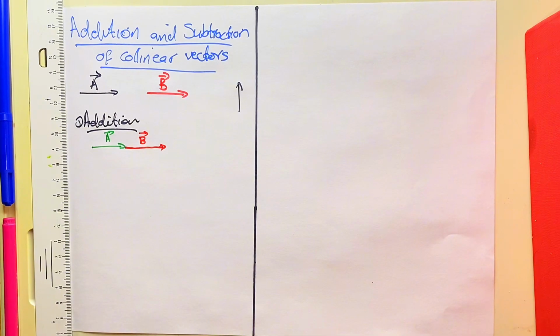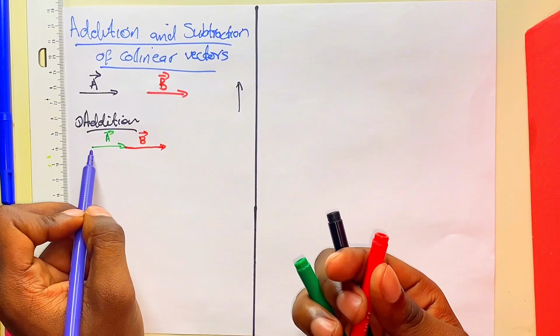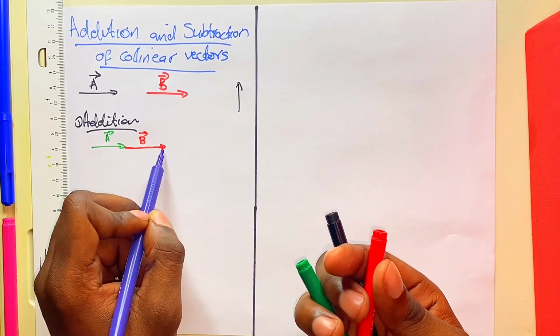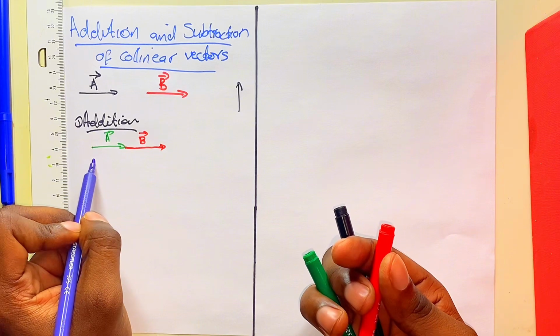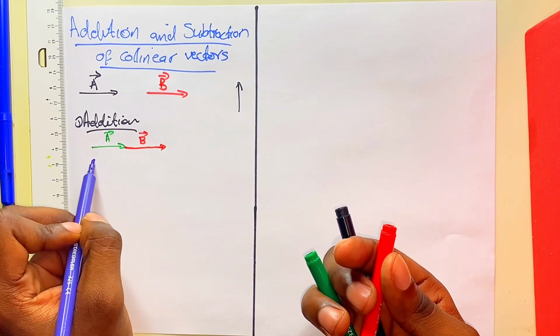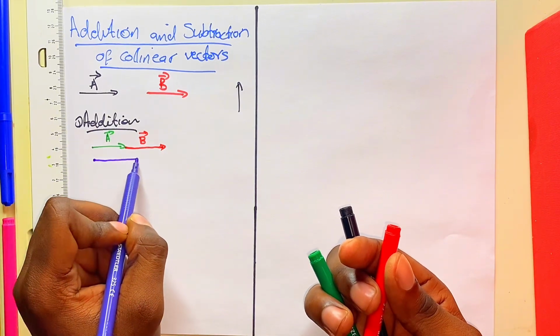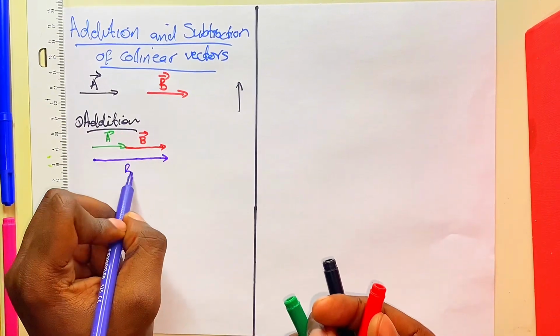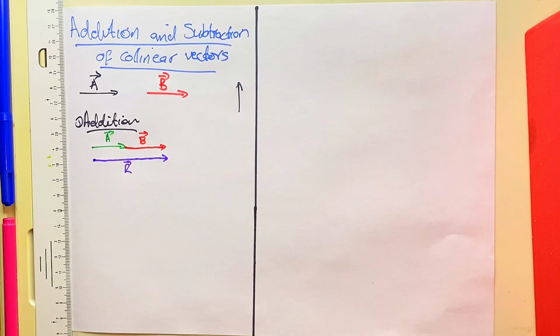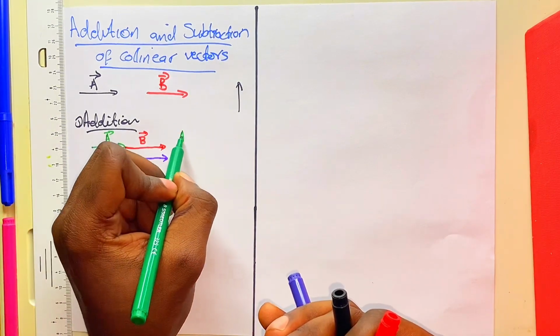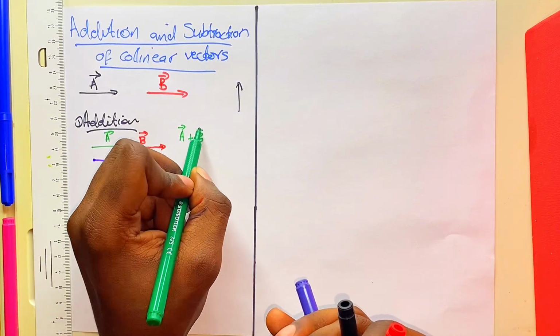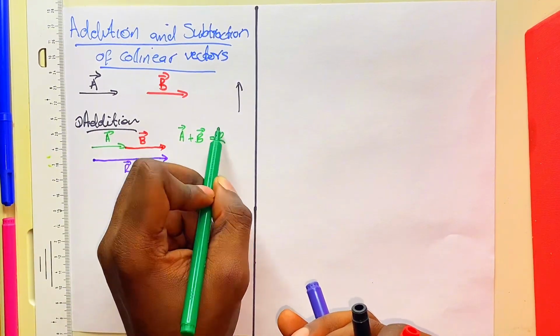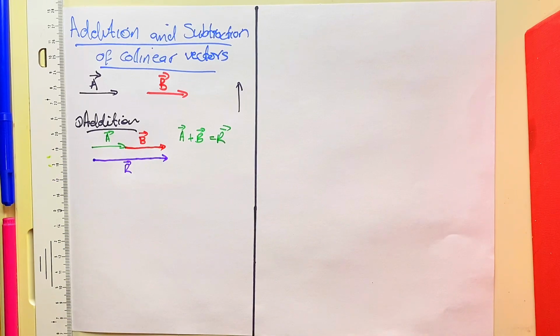Now the resultant force is going to go from the tail to the head of the last vector, which means that our resultant vector will be from here until here, acting in their direction. Now we have a resultant there, and that resultant represents A plus vector B.